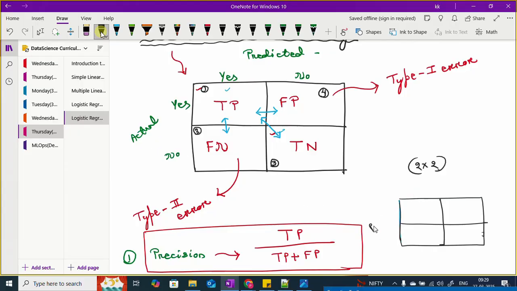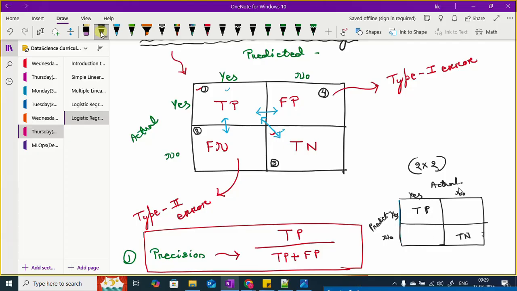Let me take it as predicted, and here I will take actual. So this will be yes, no, and this will be yes, no. Both are matching here, so true positive. Here also matching, so true negative. This is true positive, this is true negative.